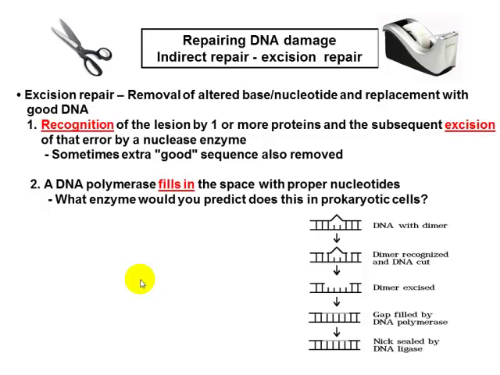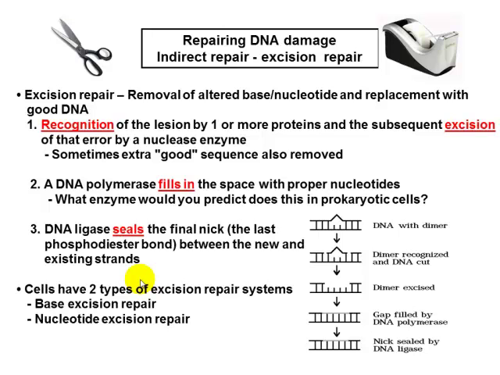Now, indirect repair, the first one is excision repair. The first thing that it has to do is recognize which of the templates is the problematic one, because if you have a mutation there, you have one template that is not mutated and the other one that has the problem. Usually when does a DNA mutation happen?